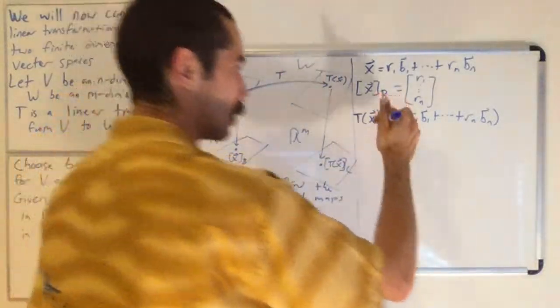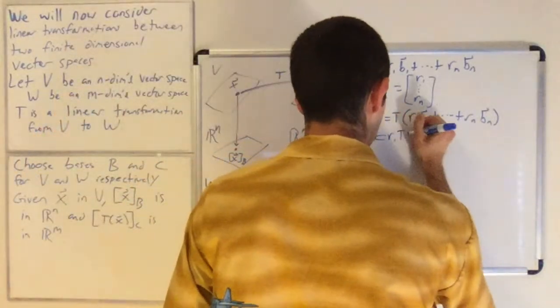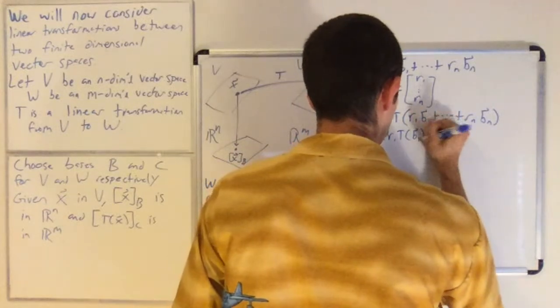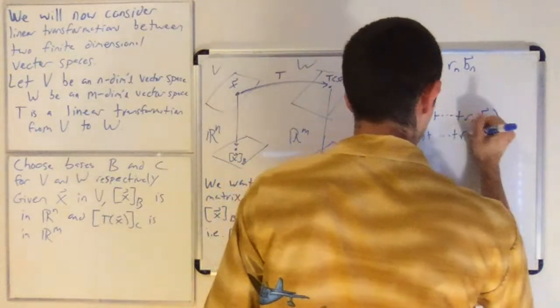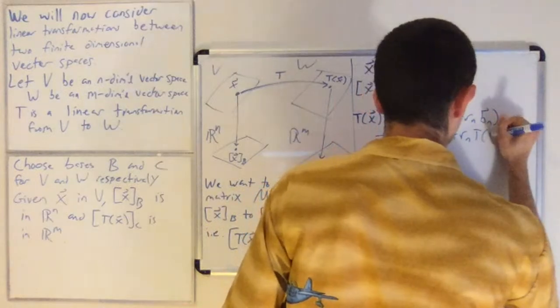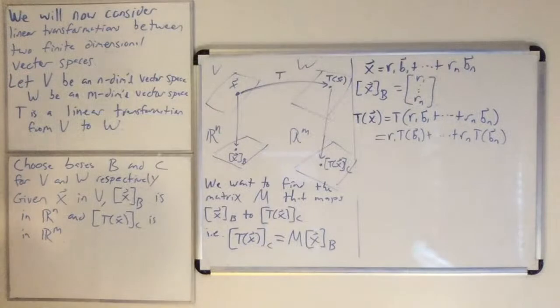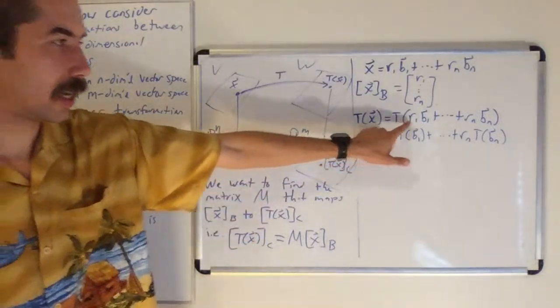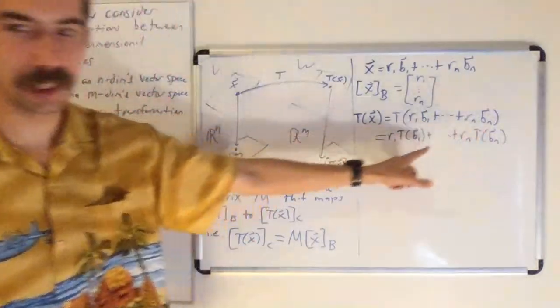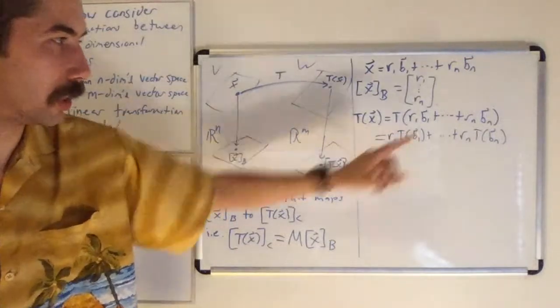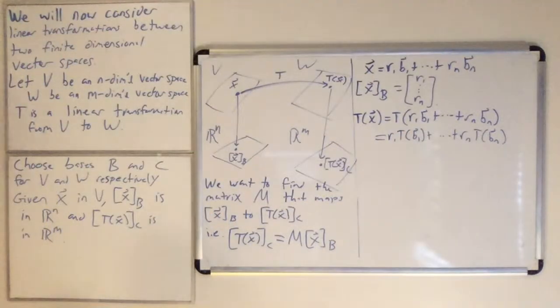We could rewrite this as R1 T of B1 plus ... plus Rn T of Bn. So why are we allowed to take T of this linear combination and express it as a linear combination of T evaluated to each of the basis vectors? What property are we using?